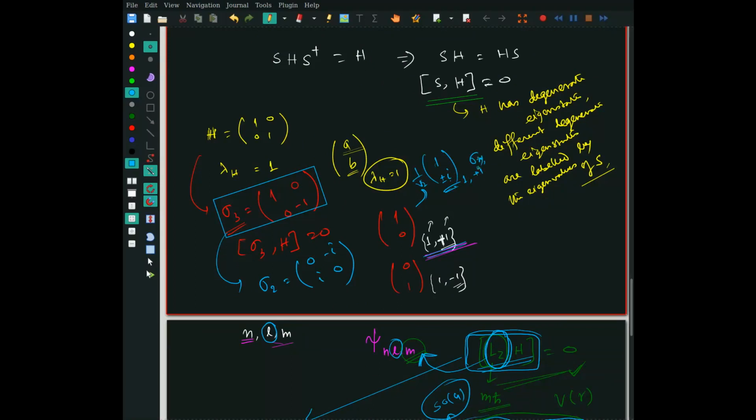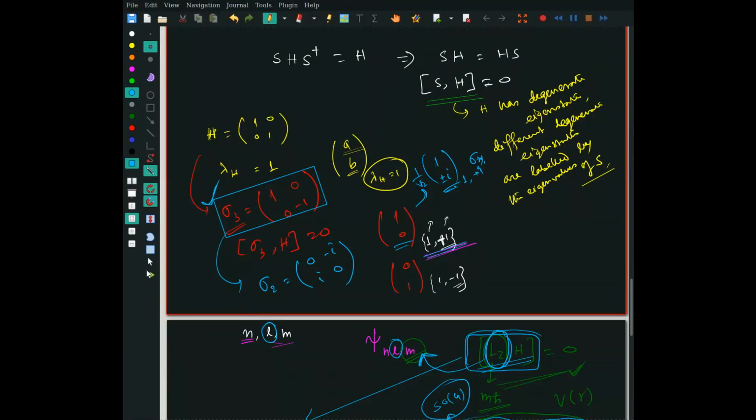But once you have made up your mind that you will use sigma 3 to label the things, then you do not have any other choice. Do you understand my point here? Because sigma x, sigma y, and sigma z are not mutually compatible.